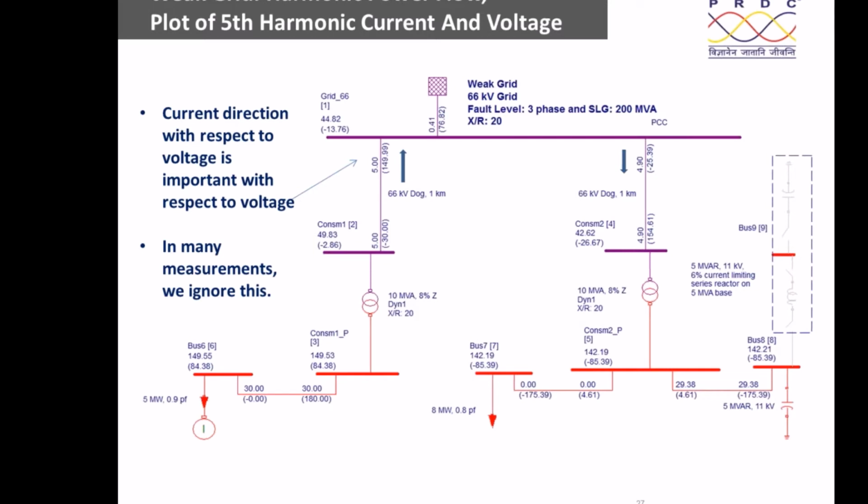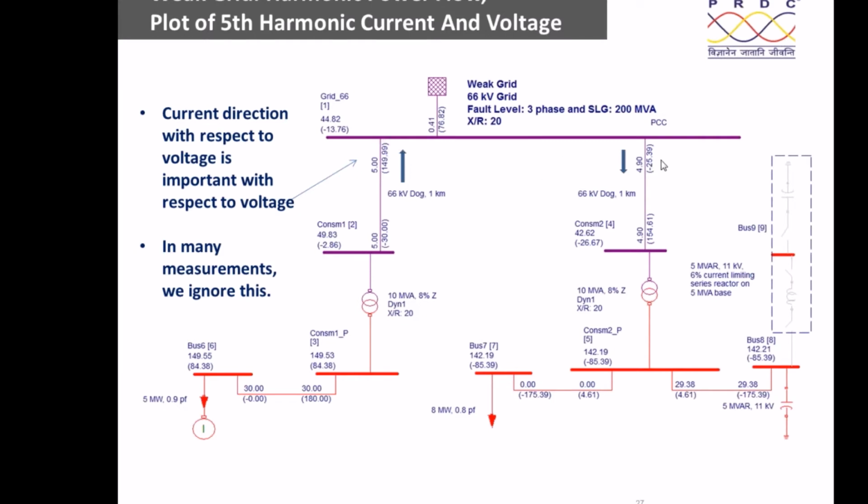Now, in case of a weak grid, what will happen? The current direction with respect to the voltage is important. Whenever we do the harmonic measurement, we always see the magnitude of the current, but the current direction with respect to the voltage is very important. For example, with respect to the voltage, the current direction here is going to tell you that you are injecting here.